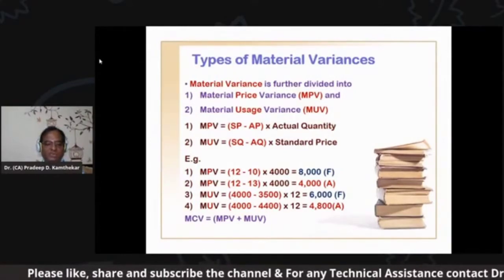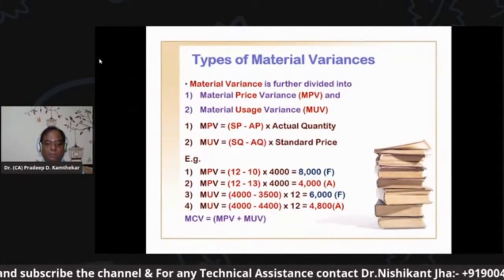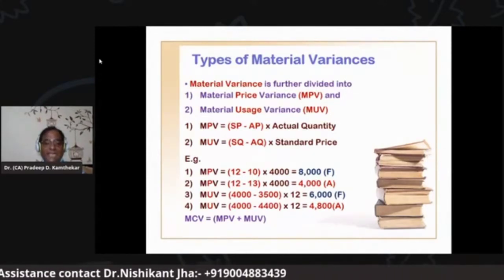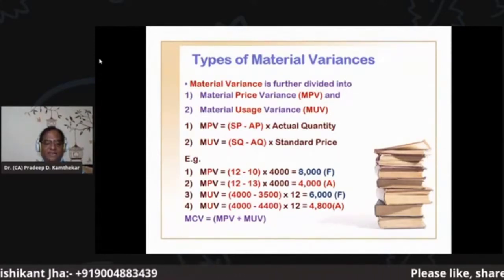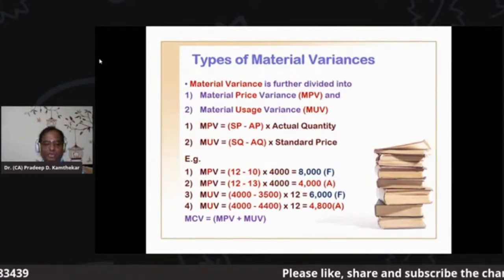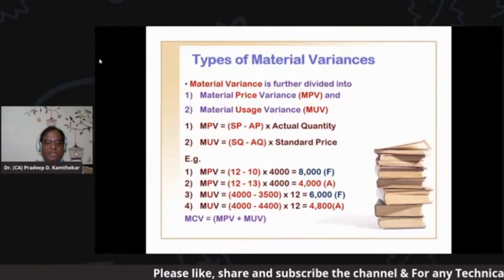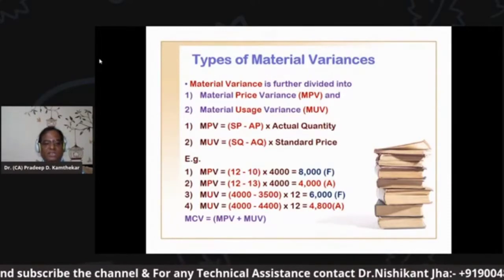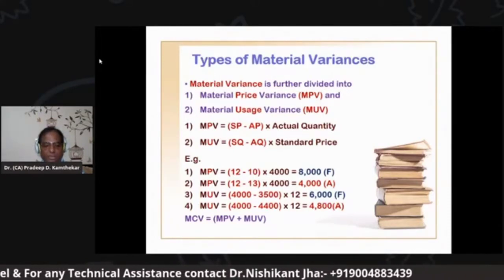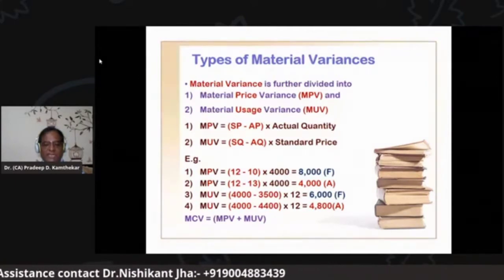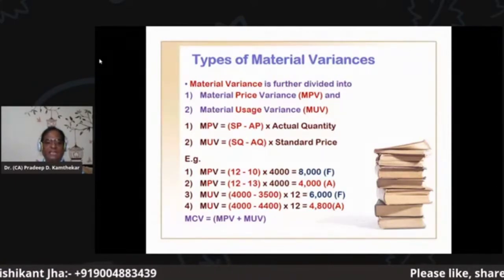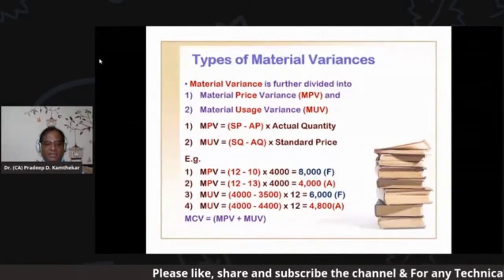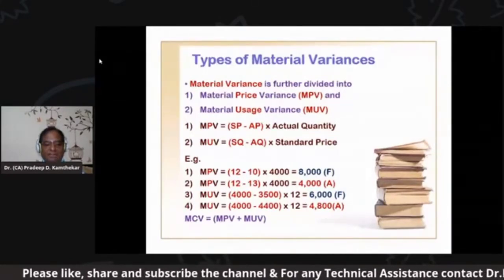When you compare these two, that is standard quantity minus actual quantity, and multiply that by the standard price, we get the variance which is because of the usage of the material in the production process. When standard quantity is more than the actual quantity, we have a positive variance, that is a favorable variance. And when actual quantity is more than the standard quantity, it has a negative variance, and that is called an adverse variance.